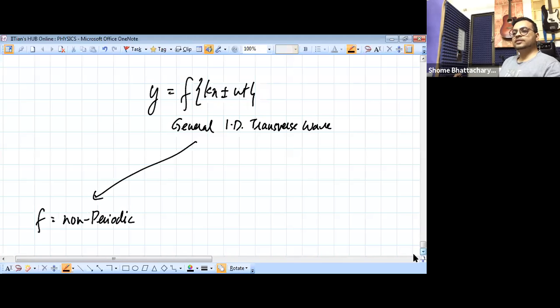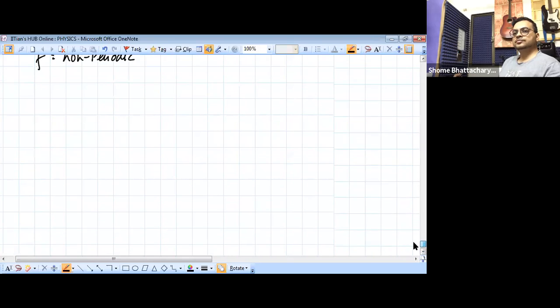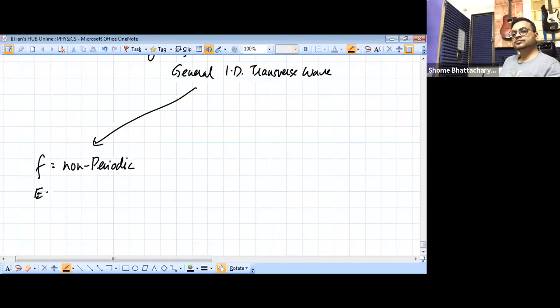An example of that was the exponential pulse that we just saw. So the function is non-periodic.